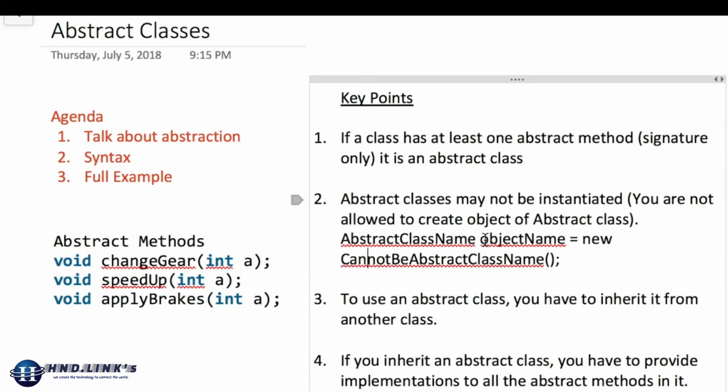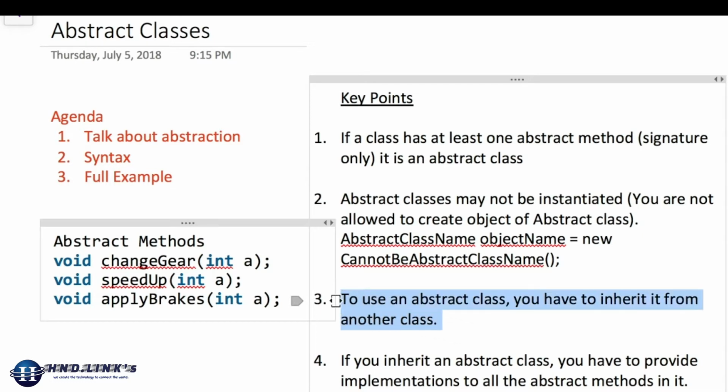What you can, however, do is have the abstract class name over here, so you can point towards it, but the instance needs to be of its child class, assuming that the child is not abstract. That might sound very confusing right now, but when we do an example, that should make more sense. And that leads us to our next point, which is if you want to use an abstract class, you need to have a child class.